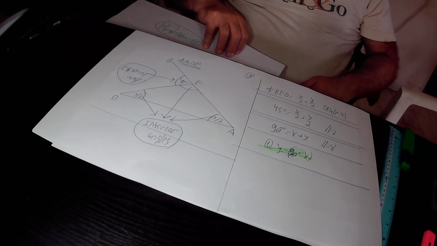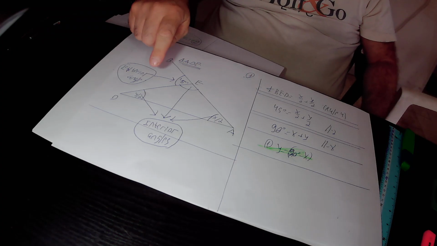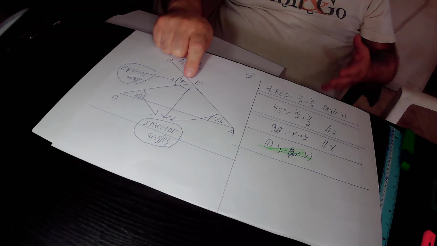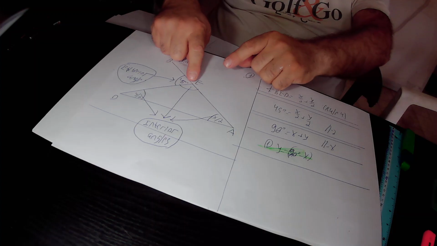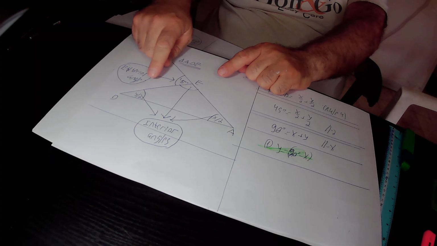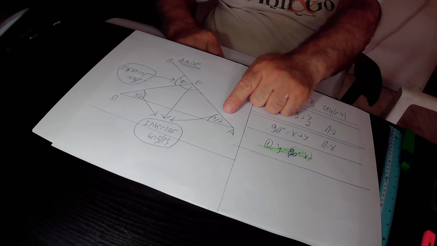Inside triangle DEA, we have 1, 2, 3 angles. This is angle DEA, this angle is y over 2, and this angle equals x over 2 degrees.